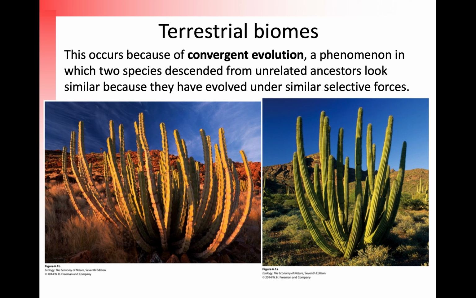So they both live in hot, dry deserts, and even though one is in the Sahara and one is in Arizona in the United States, due to convergent evolution, they have similar form, even though they do not share a common evolutionary ancestor. And so that's what convergent evolution is. It's evolution into similar shape and form, even though you do not have a common related ancestor.